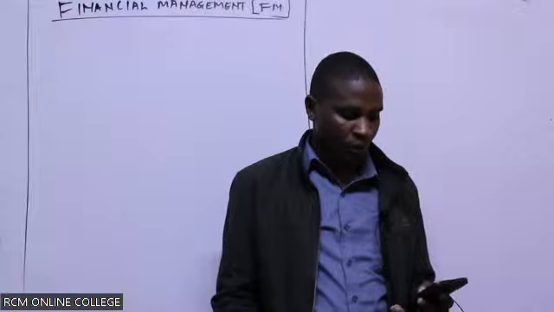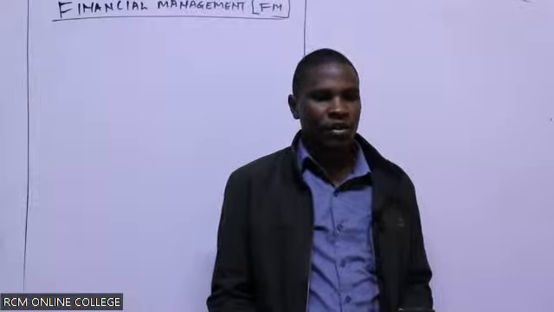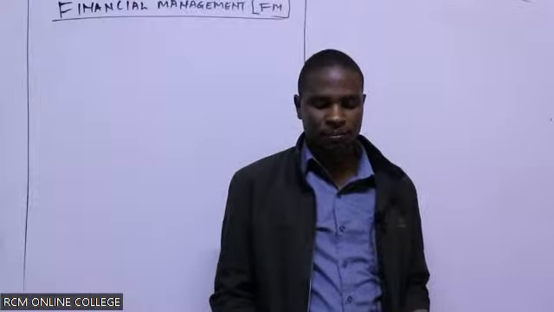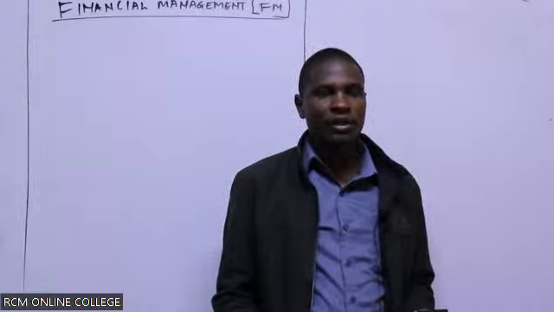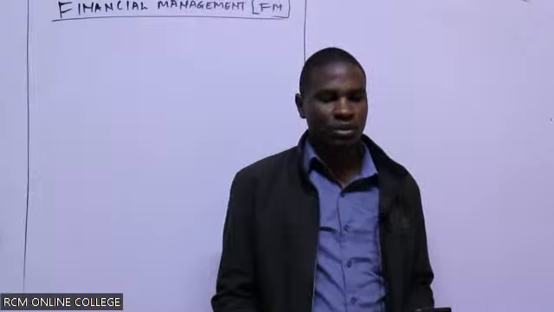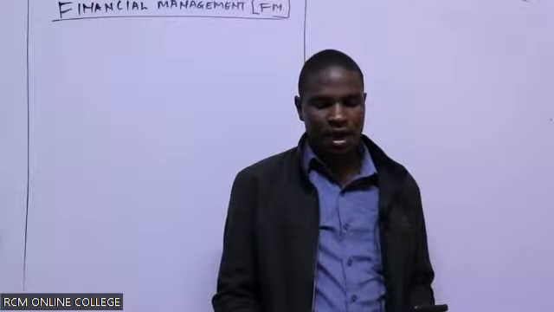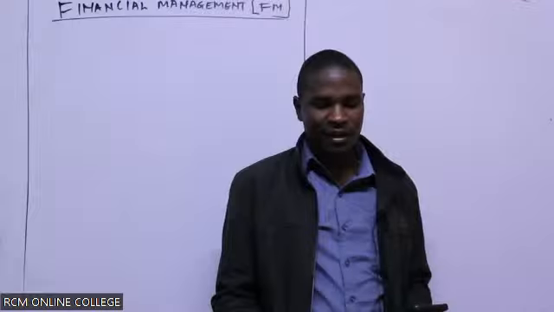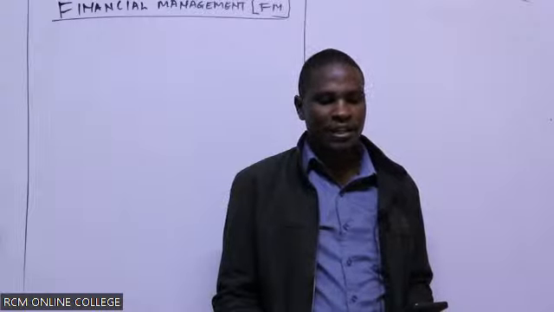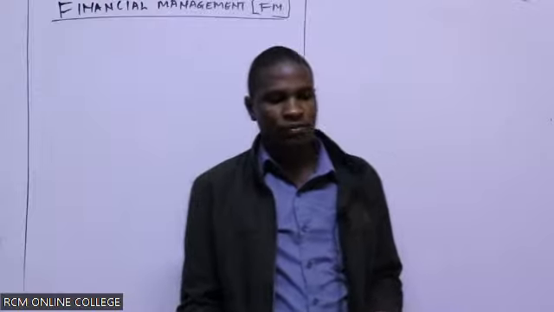So NB. We're writing this NB: the cost of existing ordinary shares (in brackets, already issued shares) is the same as the cost of the retained earning, and will be given by the formula.